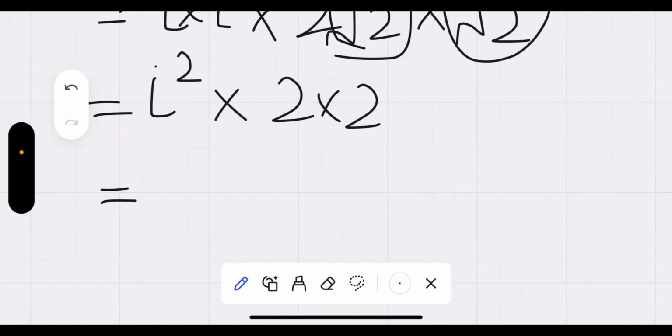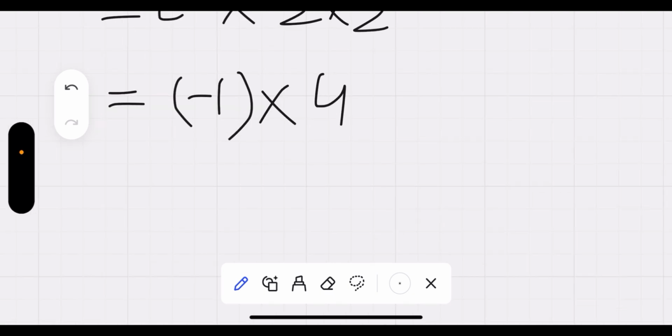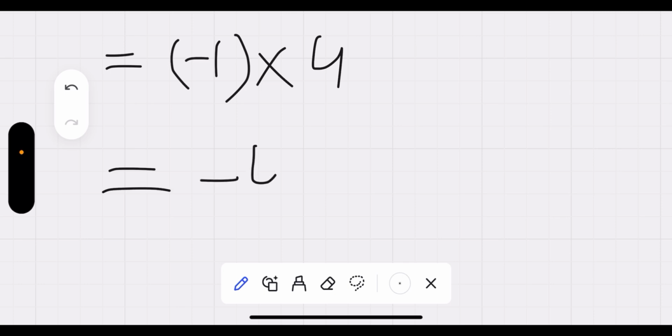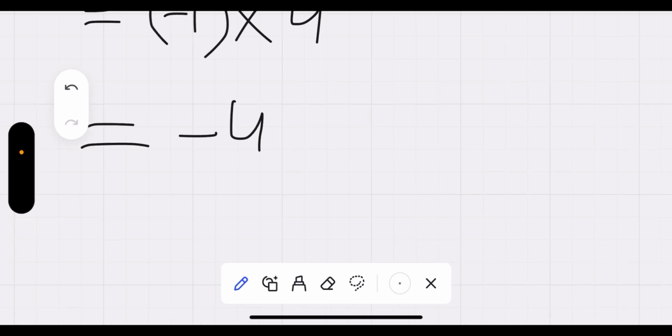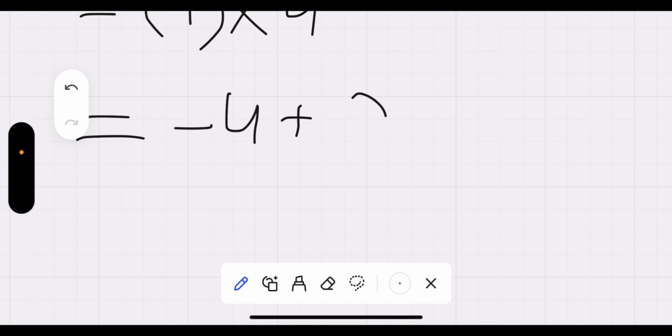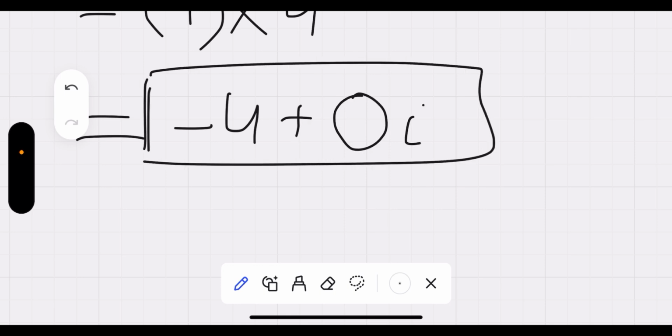We have iota square is -1. So -1 times 2 times 2 is 4. We got -4. But in the question we were asked to write in iota form. So we can write 0 iota, since 0 times iota is still 0.